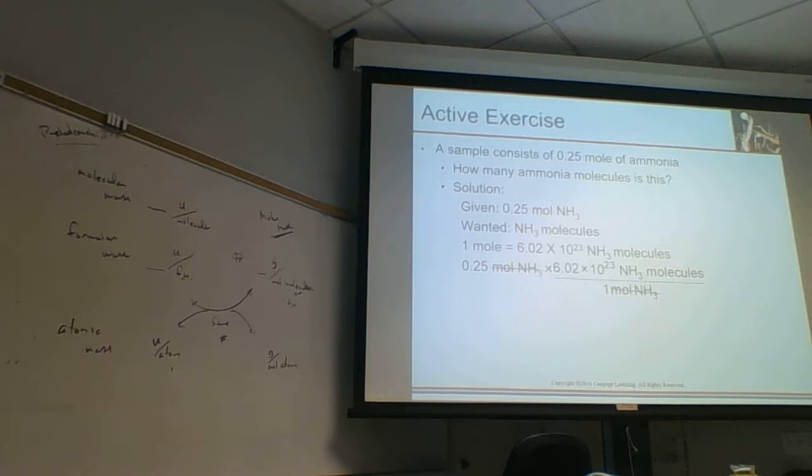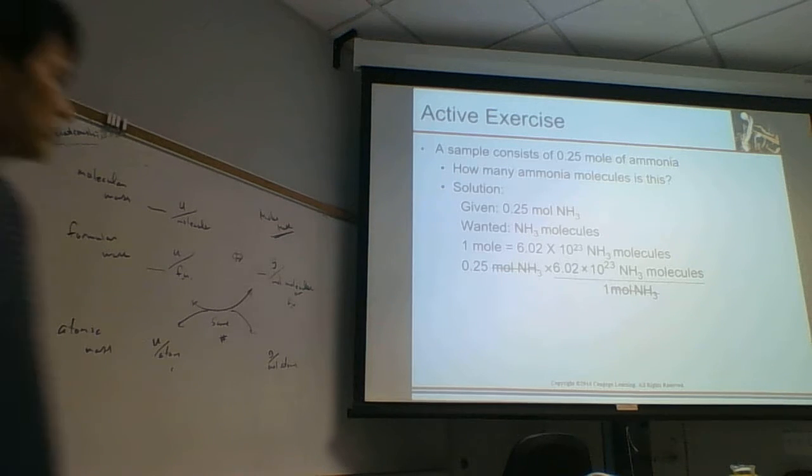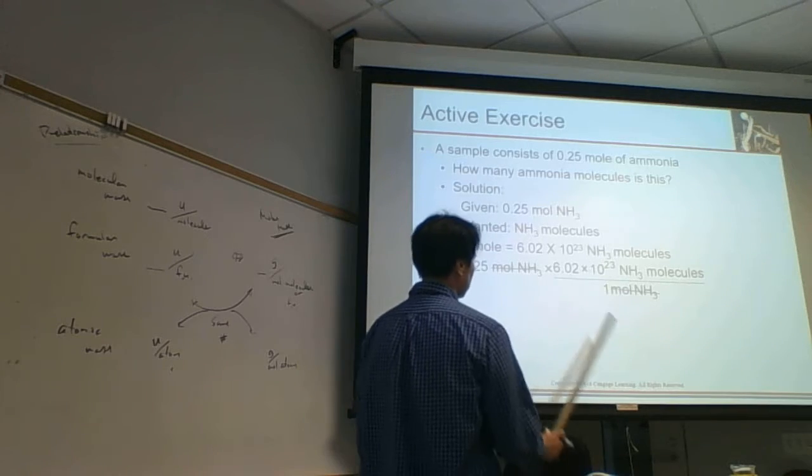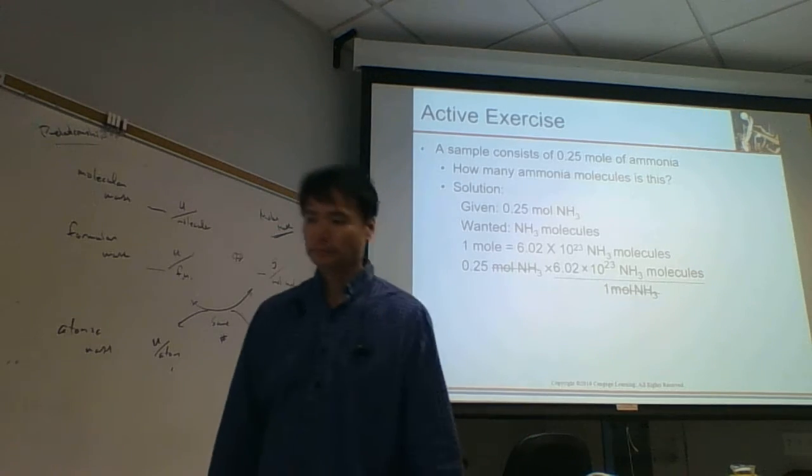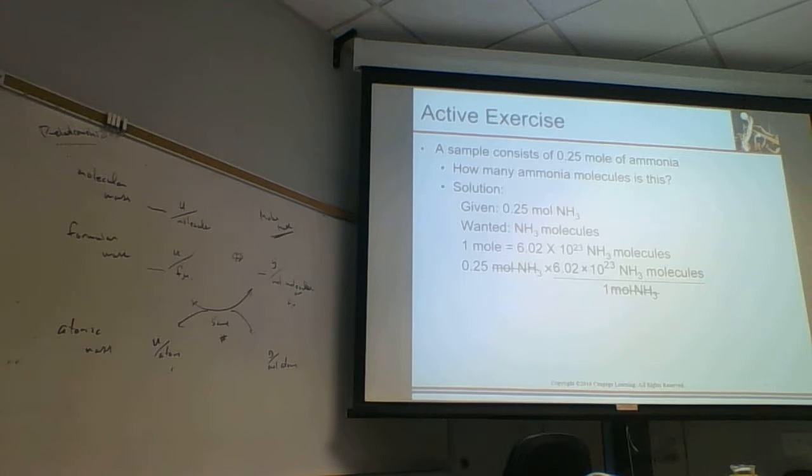So here they just did the same thing, just using this conversion factor, Avogadro's units per mole. Interesting. They never did this before. They always rounded. This time they didn't round it.